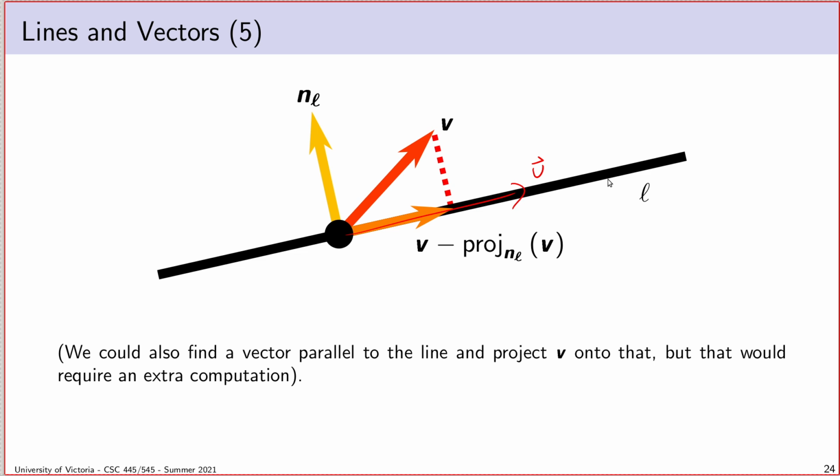If I'm working in 3D, a plane has one normal vector, but I would need to have two vectors in the plane if I want to project something onto the plane that way. So the normal vector is great because in any number of dimensions, it is the only thing I need to represent the component of a particular vector that is orthogonal to the plane or whatever, the hyperplane that I'm working with. So that's one advantage of normal vectors that isn't as obvious in 2 dimensions.